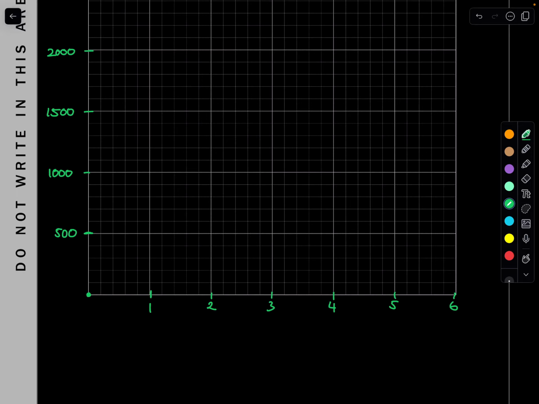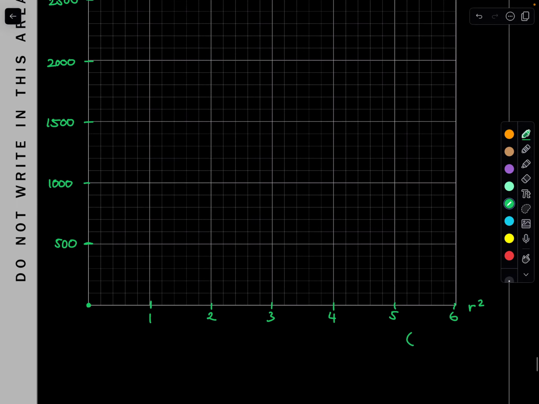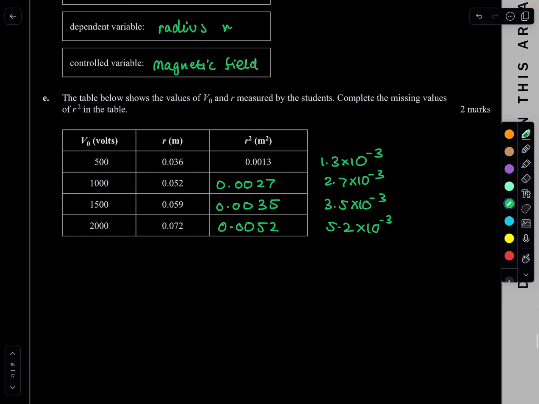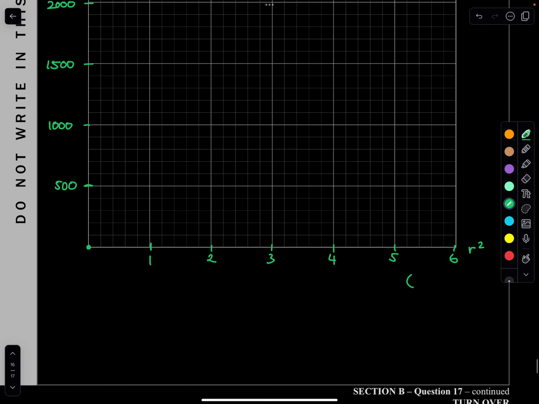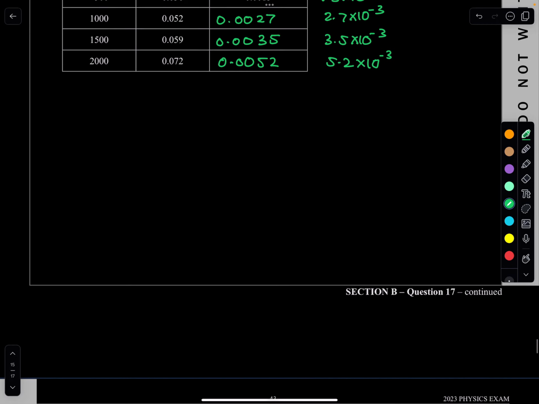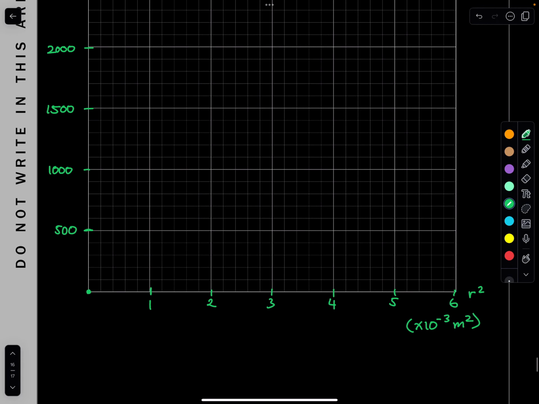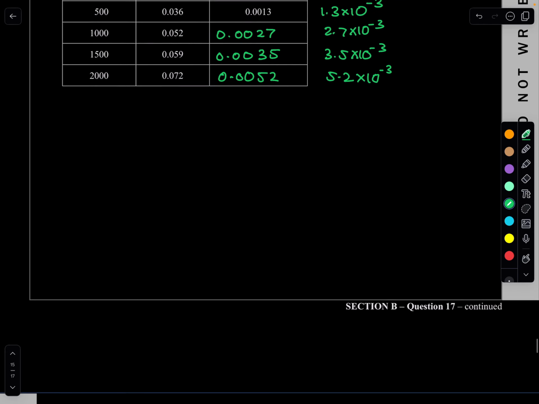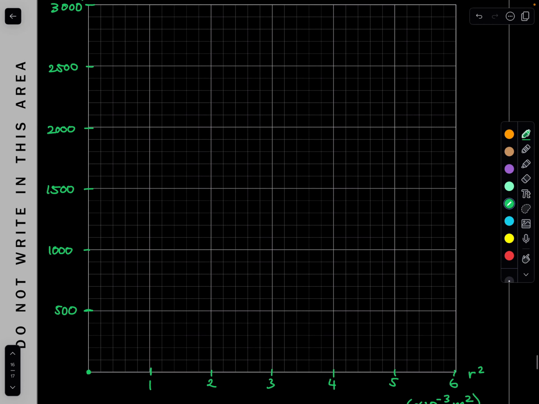The unit here is, of course, r squared. And make sure you write times 10 to the -3. So all our things are times 10 to the -3. And basically it's m squared, it's the unit. Is that right? Yep, m squared. Beautiful. So those units 1, 2, and 3 times 10 to the -3 look good. And then now, let's label those points.